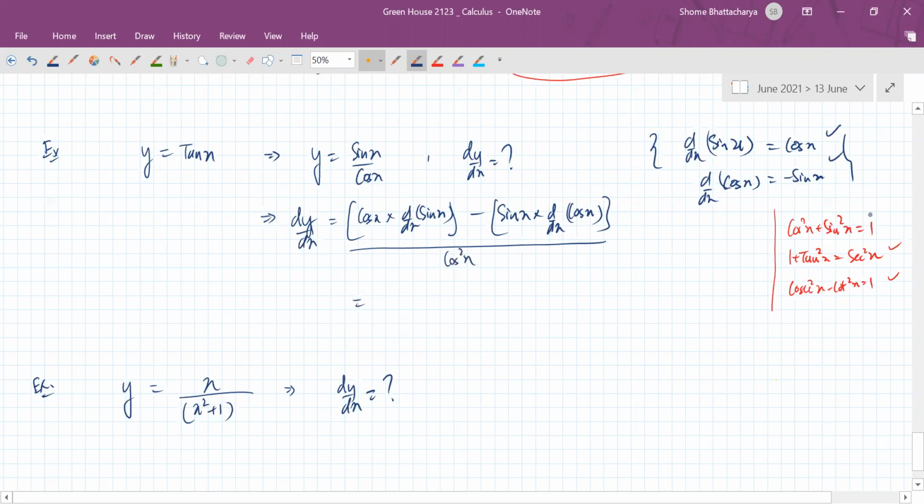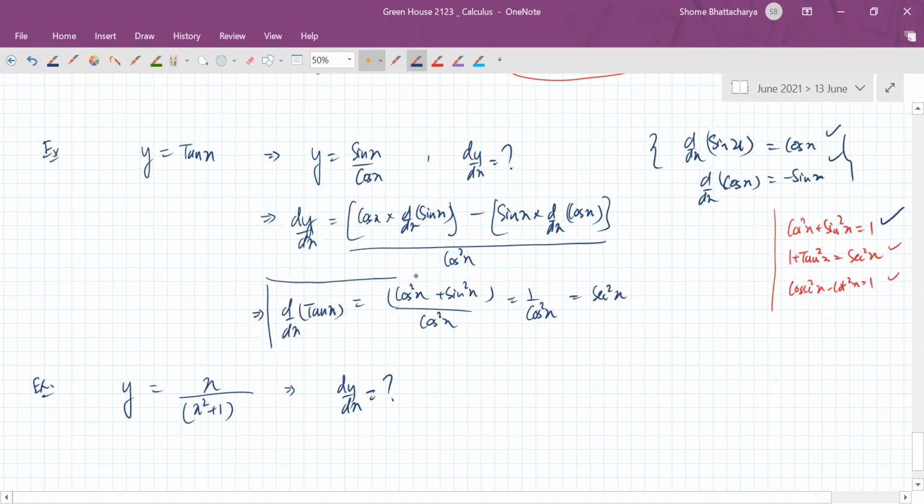So you'll see that this identity will come in useful now. This will become cos square x plus sine square x, which will become 1 by cos square x, which will become sec square x. So this shows us that differentiation of tan x is equal to sec square x.